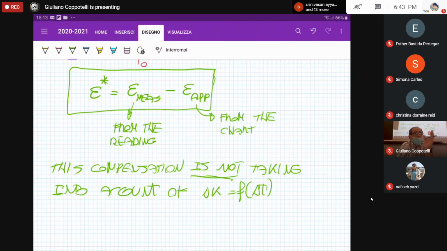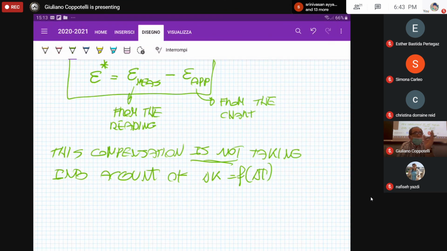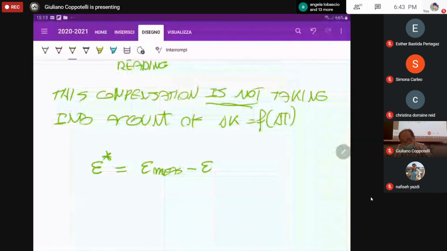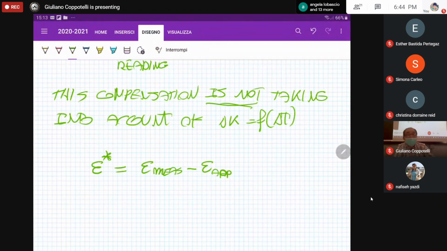However, if you want to compensate also for the strain gauge variation as a result of operating temperature, then you can call that once again epsilon star, same symbol but a little bit different, as the measured strain minus the apparent strain, just as before, and then times K over K0.